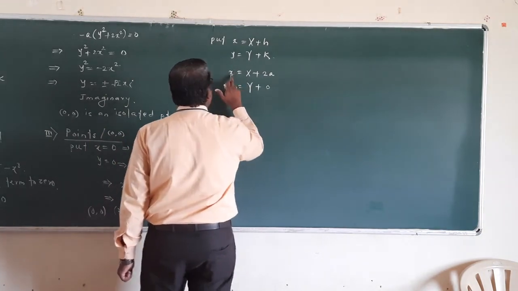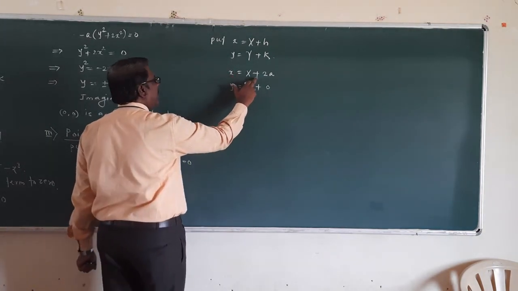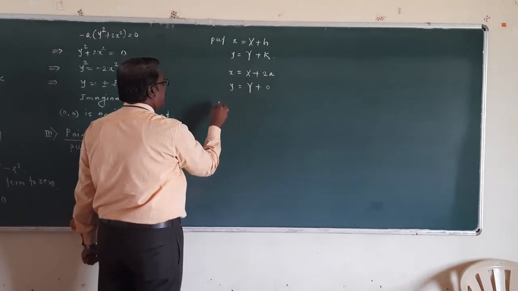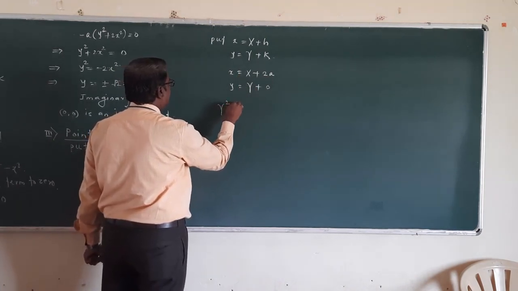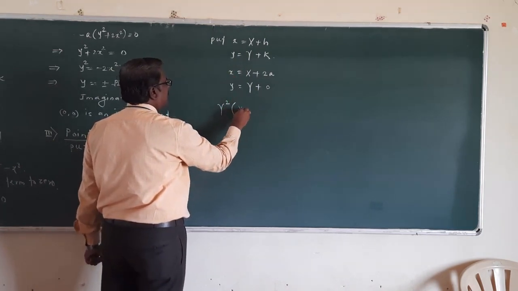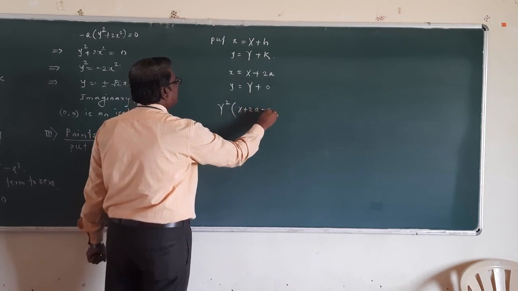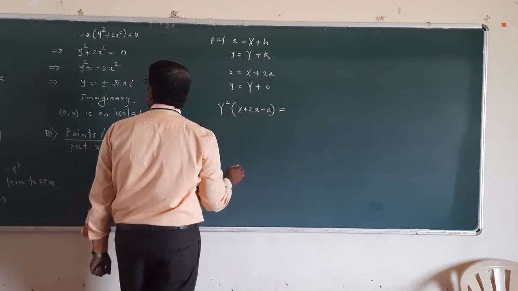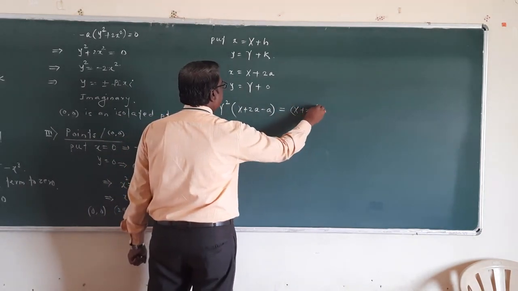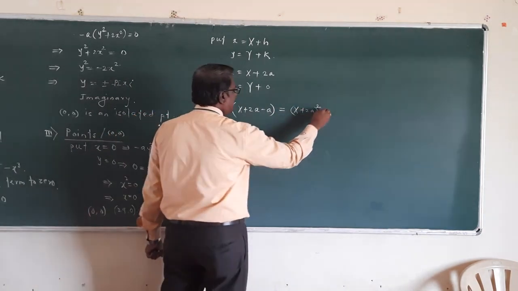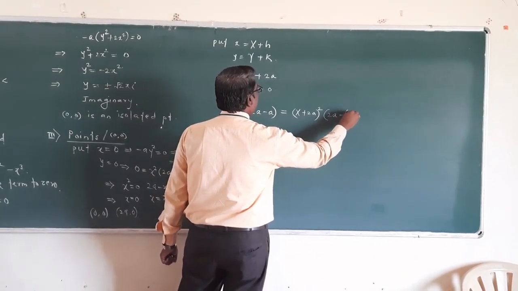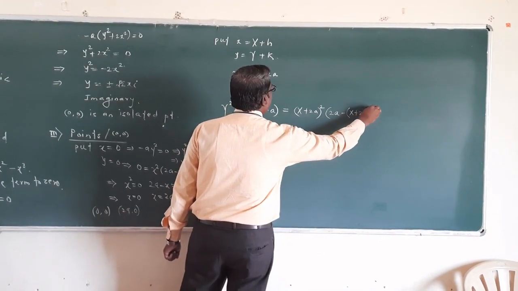So when I replace small x by capital X plus 2a in the given equation, we get capital Y square into bracket small x minus a, so it is x plus 2a minus a, is equal to x square, so here it is x plus 2a bracket square into bracket 2a minus x, so 2a minus in bracket x plus 2a.